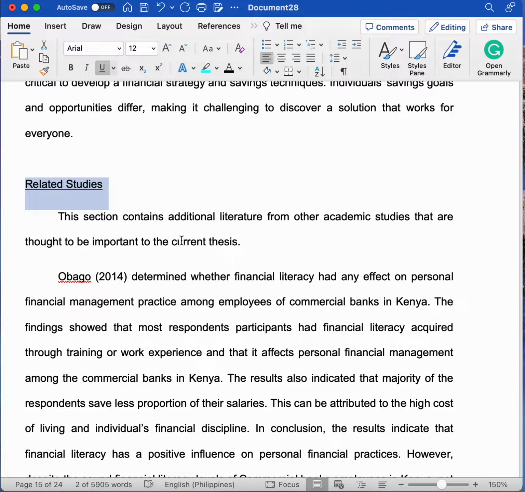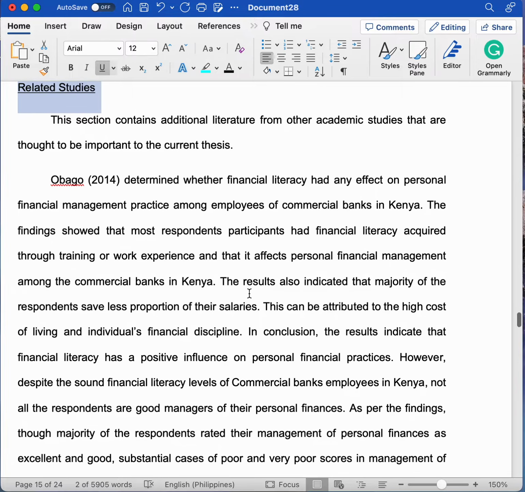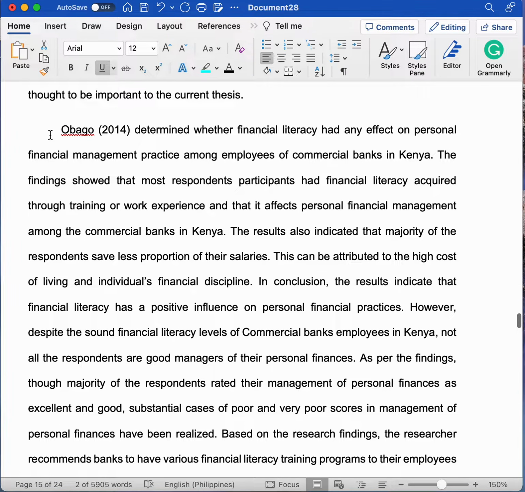For example, since this study is about TESDA trainers and assessors' financial literacy, the related studies will revolve around financial literacy, even if not directly related to TESDA assessors and trainers. You can include related studies that have something to do with employees' financial literacy. So as you can see, this is our first related study.